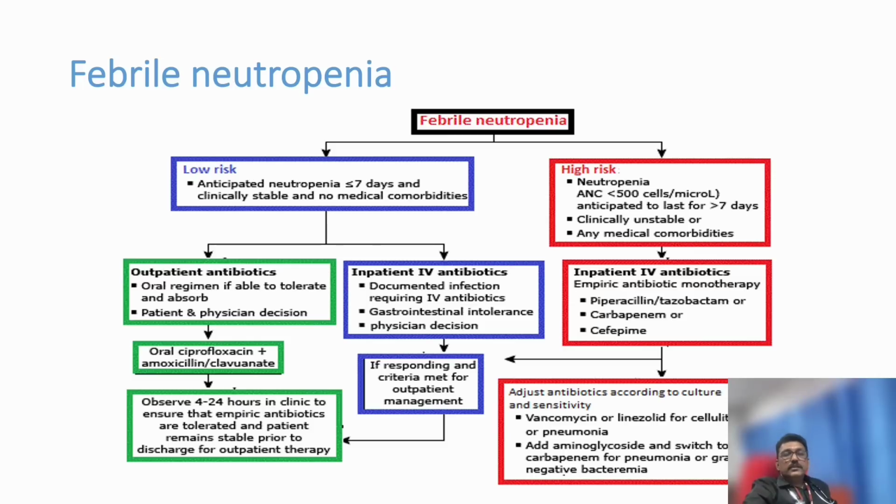So reverse isolation is very important, and to prevent infection, you can go for a drug like ceftriaxone sulbactam or ceftazidime. Ceftazidime is a very useful drug because it can prevent Pseudomonas infection in neutropenic patients.